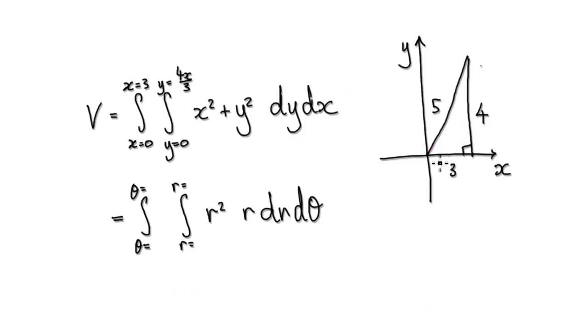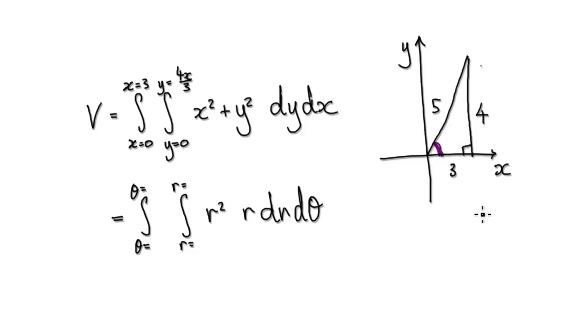As the angle increases, the radius is given by 3 secant theta. So here you're scanning from a radius of 0 to a radius of 3 secant theta, and the angle scans like this, and you stop at this angle here.